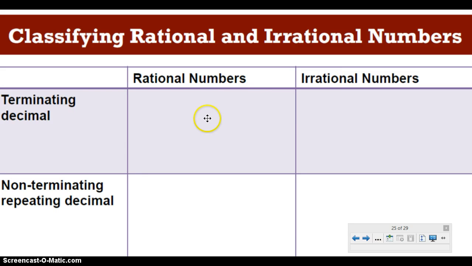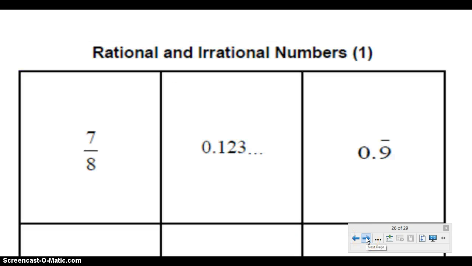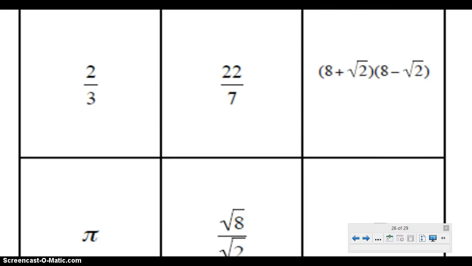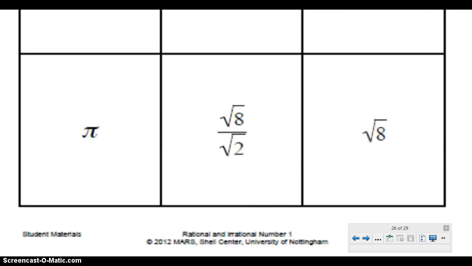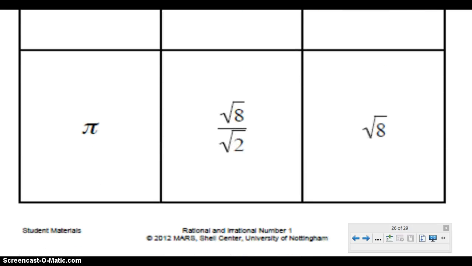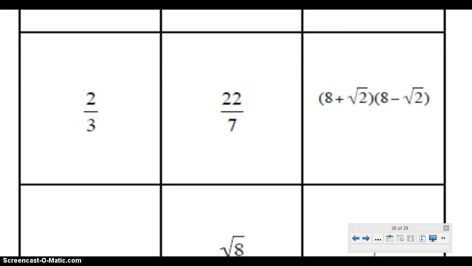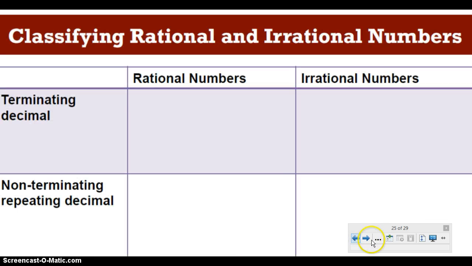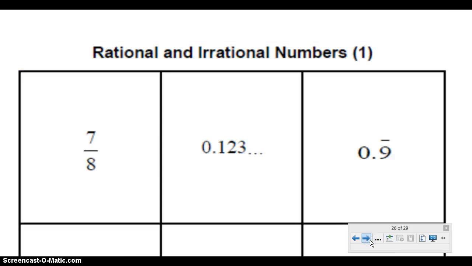This is a mat. Students have several rational and irrational numbers, and their responsibility was to, after cutting these cards and separating them, and they were allowed use of calculators, classify whether the numbers were rational or irrational.